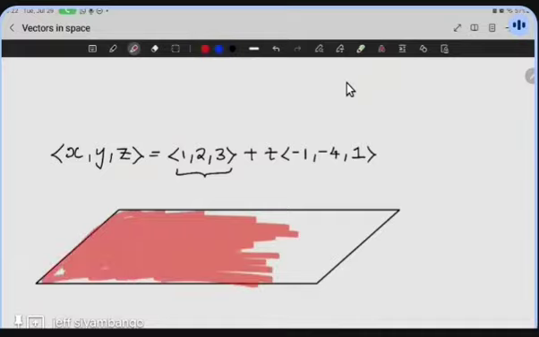So the given line lies somewhere along this plane. Meaning a point on the line is a point on the plane. And since to describe a plane, one of the things we need is a point on the plane, we'll use the same point on the line.